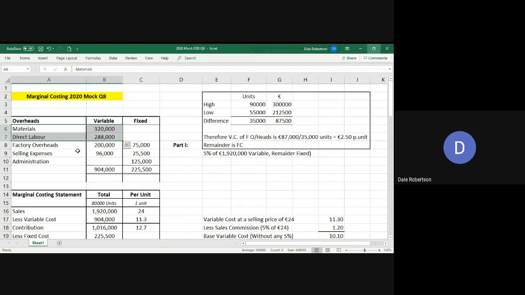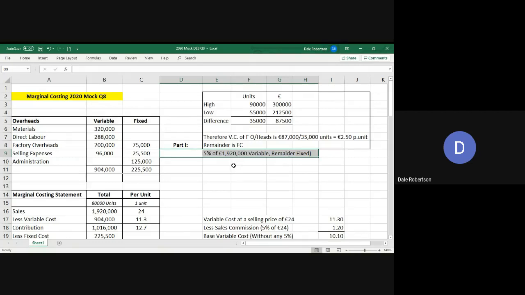The question tells us, I'm just going to skip forward here, that apart from a sales commission of 5% on sales, the selling expenses are fixed. So how you do that is, 5% of your sales is variable, the remainder is fixed.